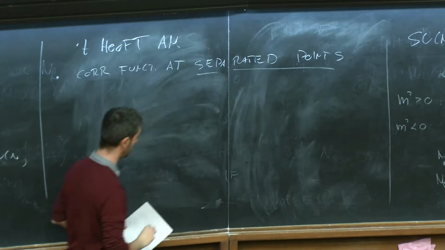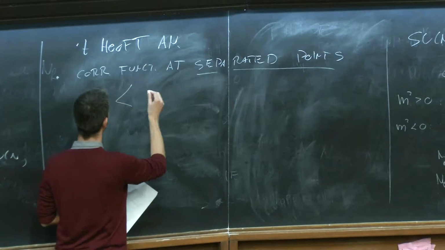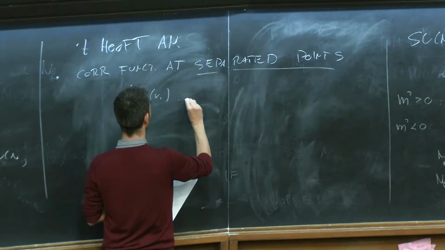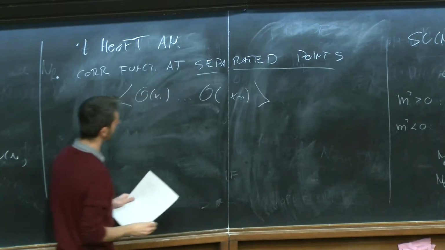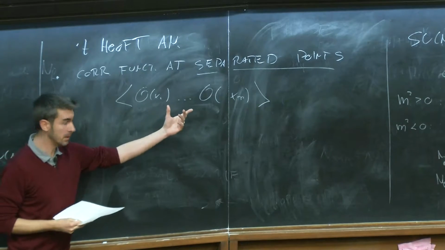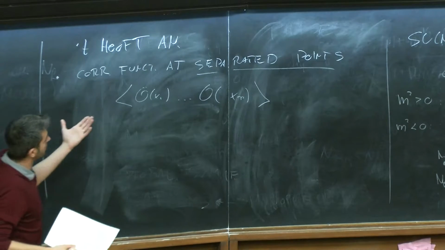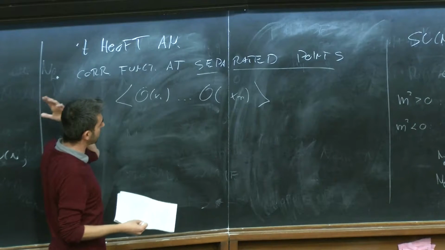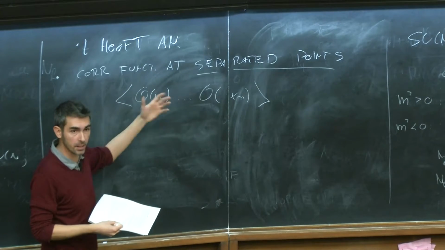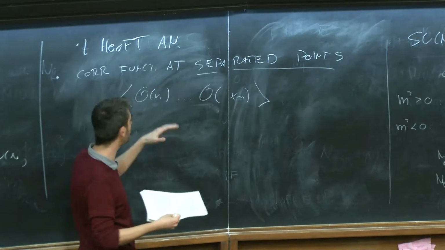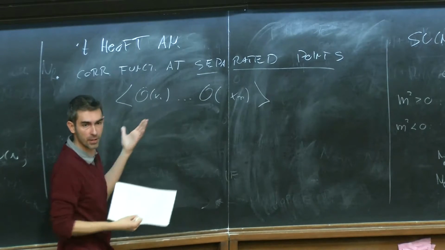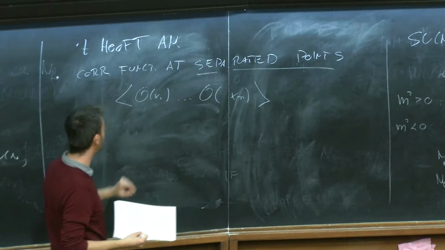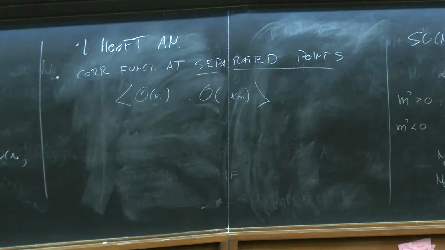It's very important to restrict to separated points, so we look at some correlator of some operators, and these points are not the same. The statement of the symmetry is that this symmetry group G will act on the operators. The operators form representations of this group. And if we transform all the operators in a correlation function, this correlation function is invariant, okay? This is the statement that this is really a symmetry.